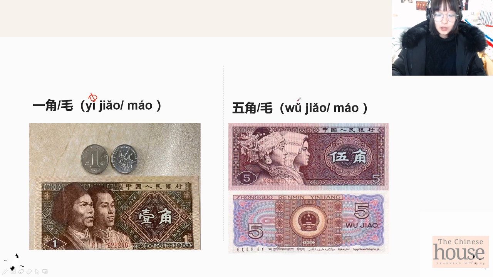But remember, when you read this, you are not saying wǔ jiǎo, because when two third tones come together, the first third tone becomes lighter. It's like wú jiǎo. We will learn it in the law of pronunciation later. 五角, 五毛.